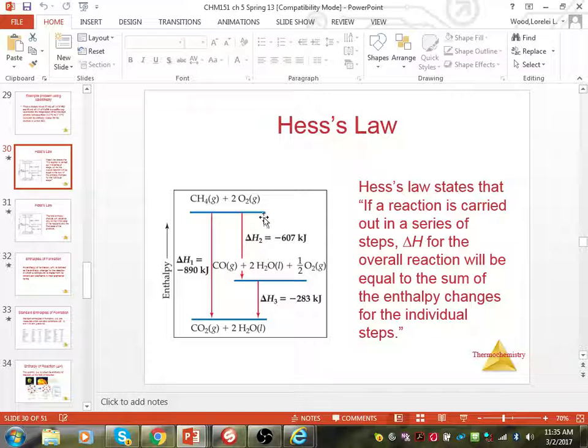If I add up the enthalpy of H2, which is half of the step, and the enthalpy of H3, which was just the other half of the step, when I add up the negative 607 and the negative 283 together, what number should I get? The negative what? 890. All right, so that's what Hess's law is saying: that you have a series of reactions that take place in steps, and the sum of the steps has to equal the overall change in enthalpy.